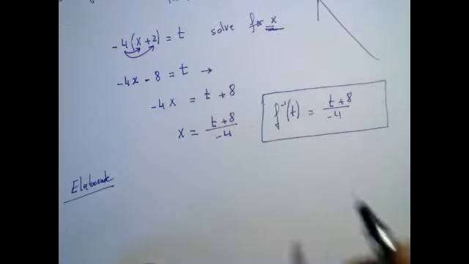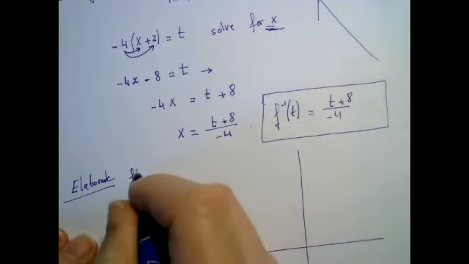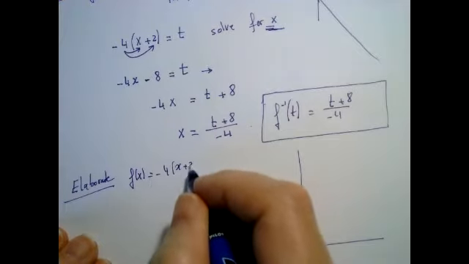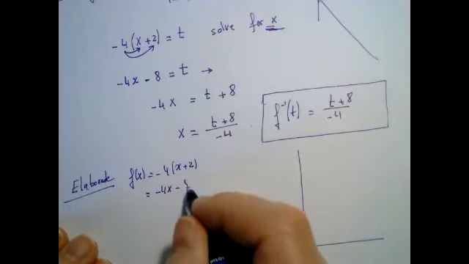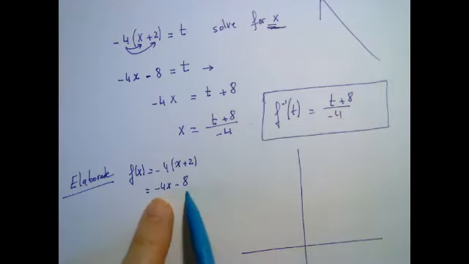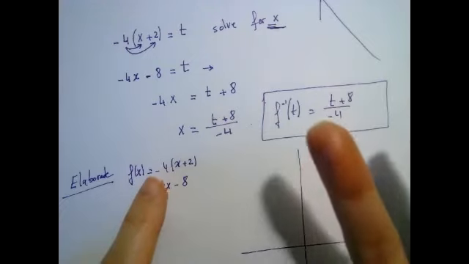This is my original function, f of x. This is minus 4 times x plus 2, which, when we distribute, was that. So what's the graph? This is a typical linear function. The graph is a line. To graph it, we need 2 points.